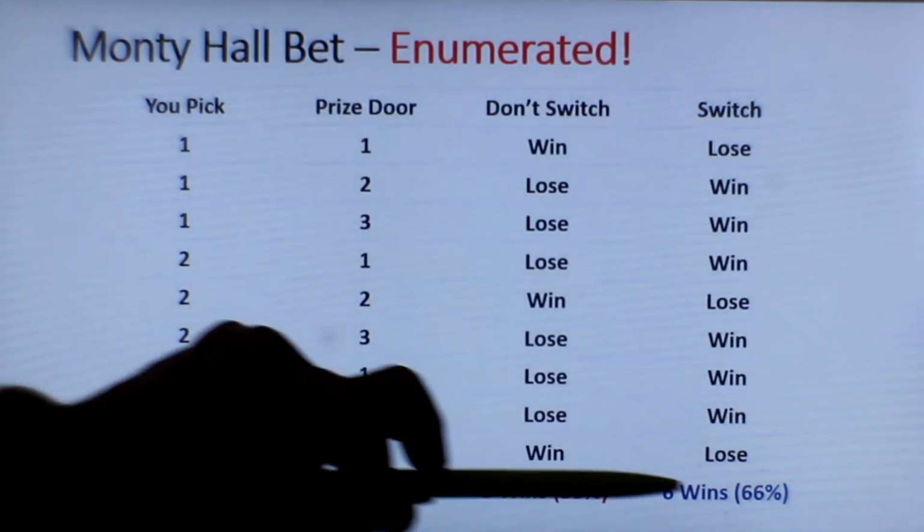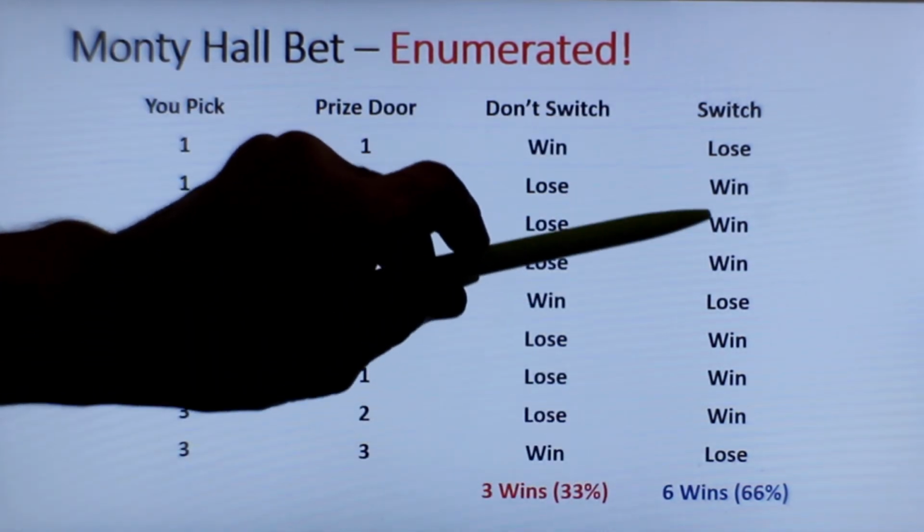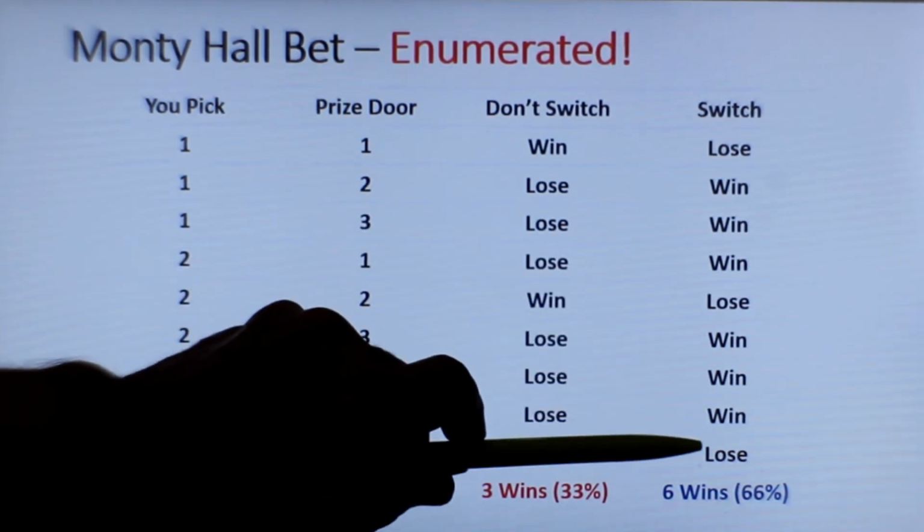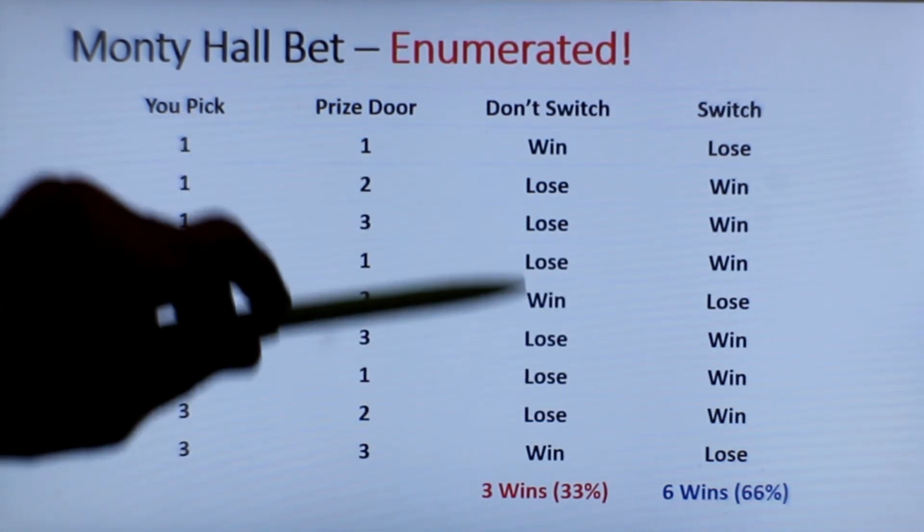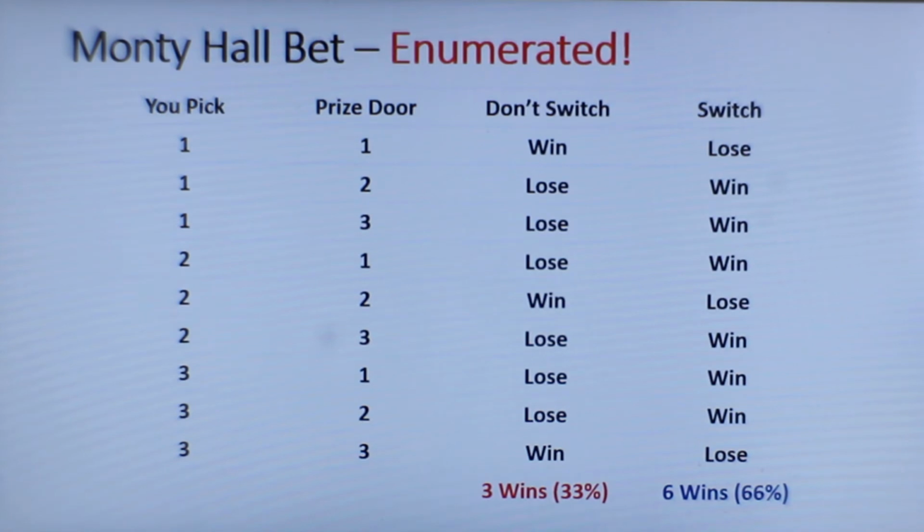So ultimately, by switching you have 6 chances of winning, and thereby you improve the probability from 0.33 to 0.67. This is just to enumerate how additional information helps you to assess or improve the accuracy of your probability.